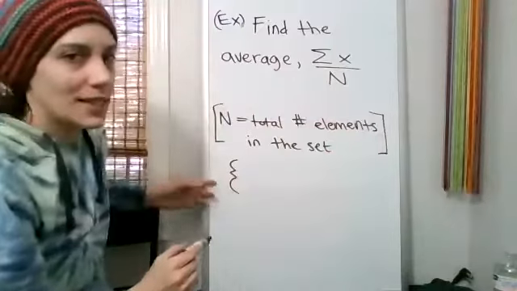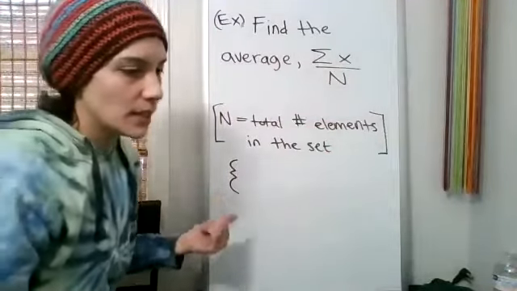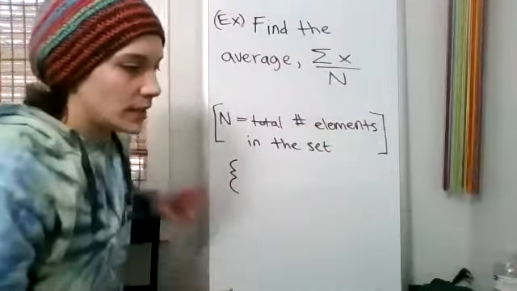Okay, this is the set. It doesn't have a name. It just includes 20, 50, 100, 200.